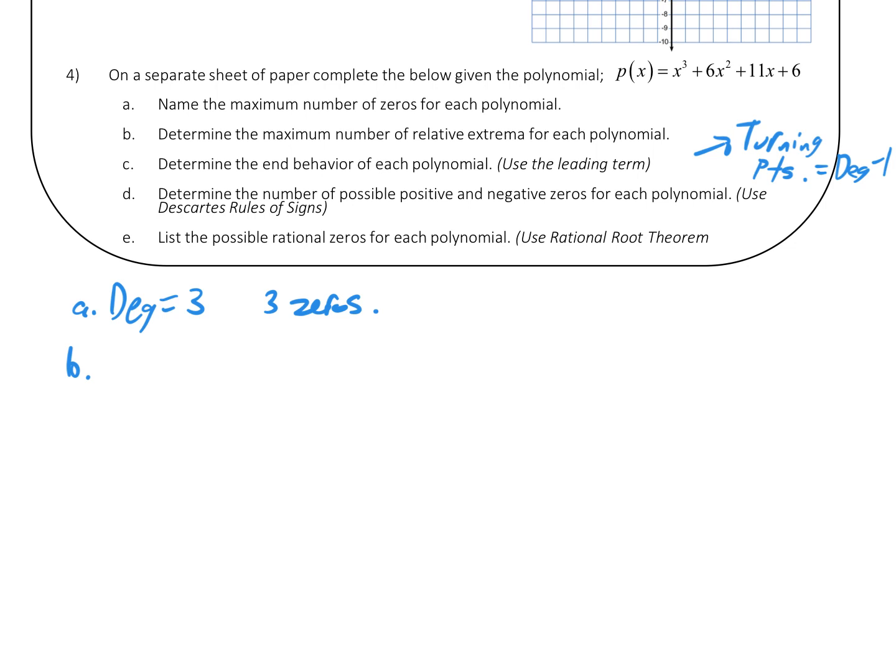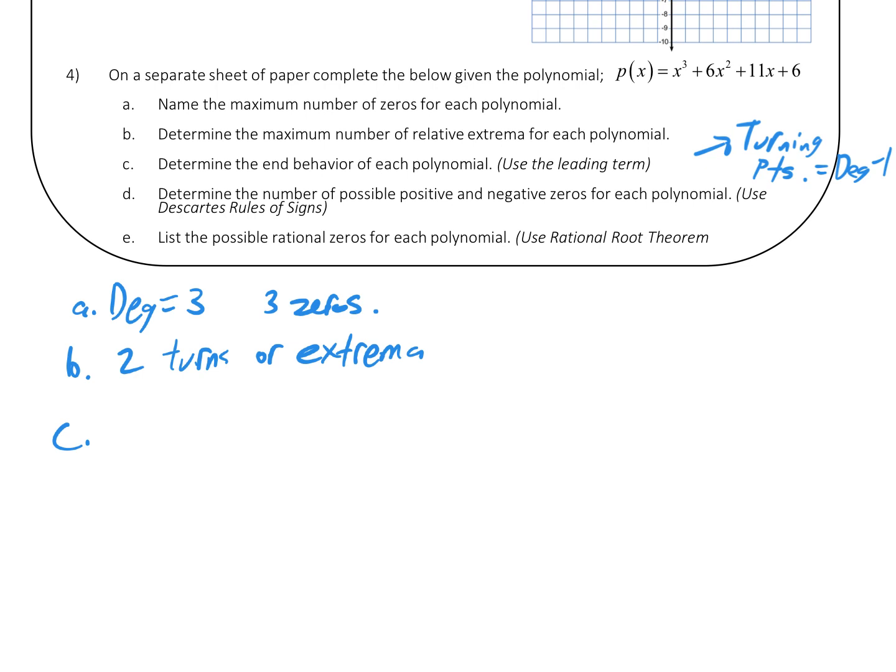So if my degree is 3, this time I have 2 turns or extrema, okay? So turning points and extrema kind of go hand in hand because a turning point is basically an extrema. So when we solve for the maximum number of turning points, we are also figuring out how many extrema we can get, okay?